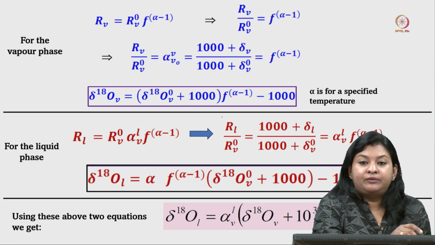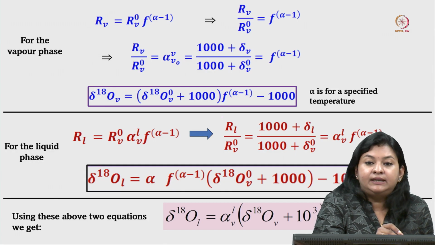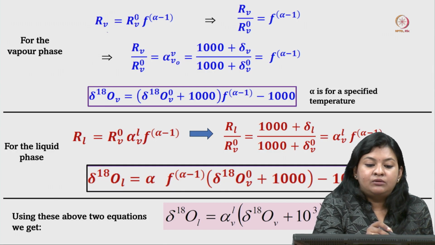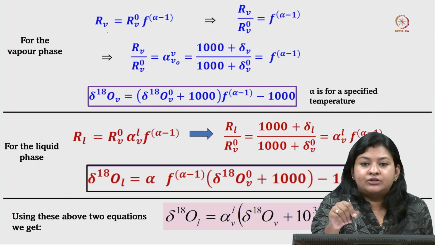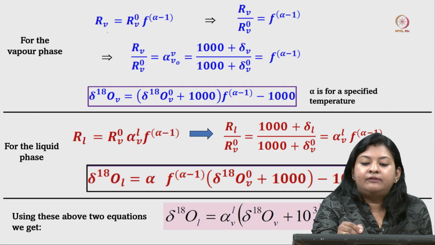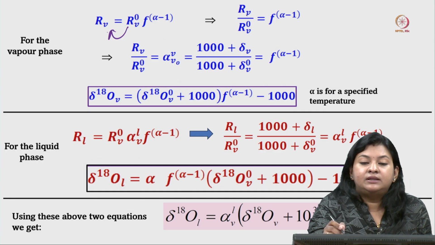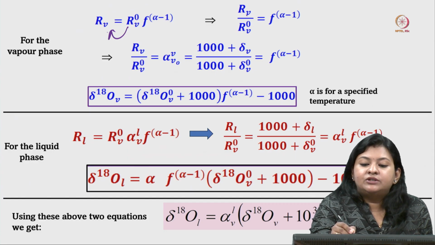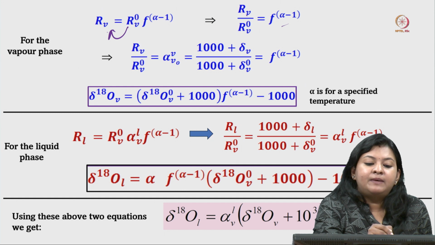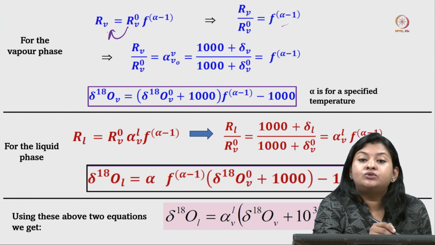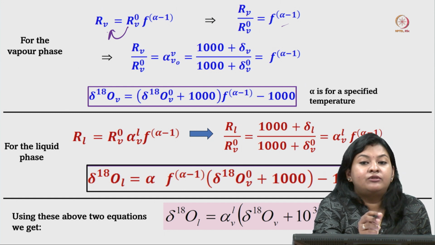For the vapor phase we already know that RV is equal to RV0 times f to the power alpha minus 1. Just rewriting the equation, in this we write RV divided by RV0, so this term comes in the denominator, which is equal to f to the power alpha minus 1. Now, RV by RV0 we can also write in terms of the alpha term.